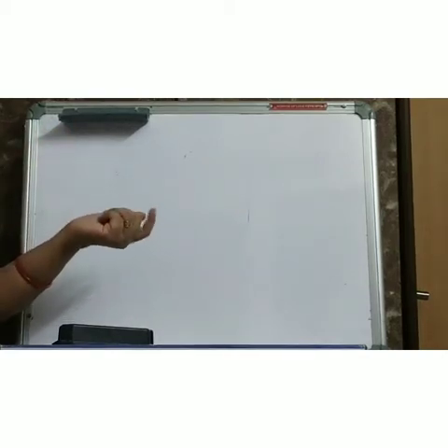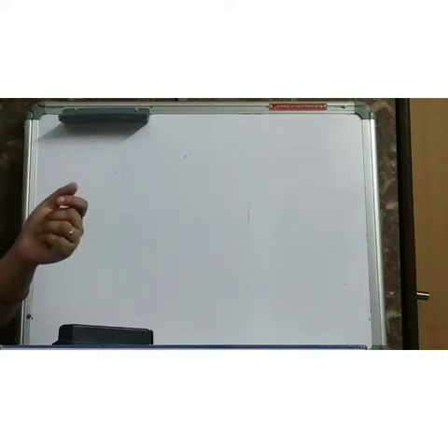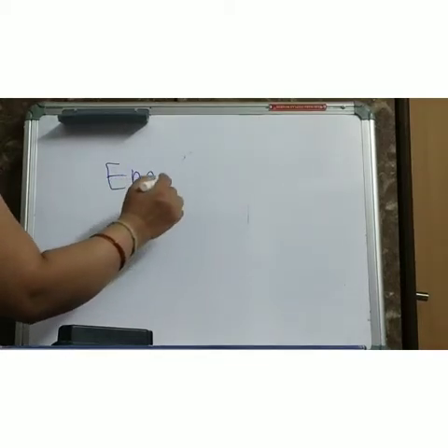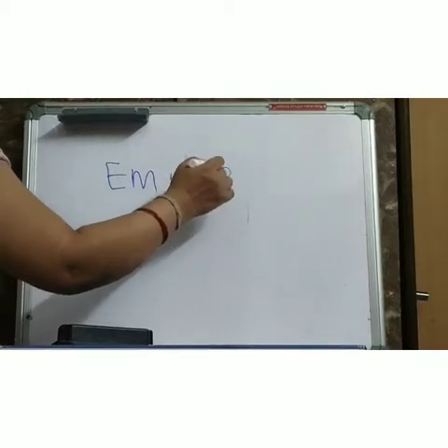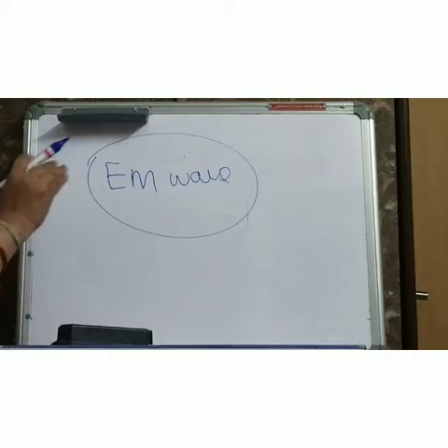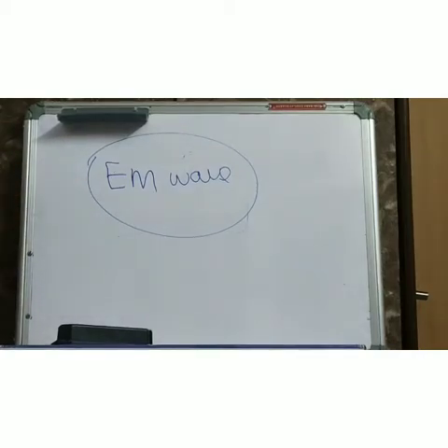Actually, when your switch is on, the bulb glows immediately because of the speed of current. It is not because of the drift speed of the electrons. That speed of current is equal to the speed of propagation of electromagnetic waves. And in vacuum, what is the speed of light?